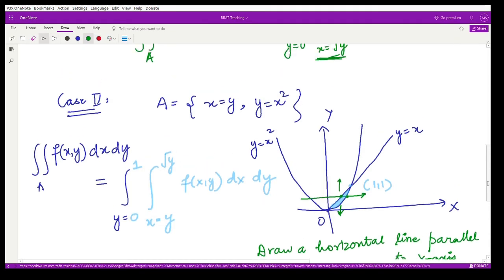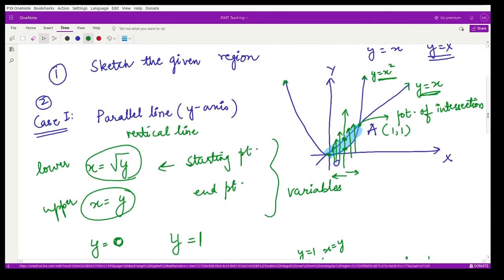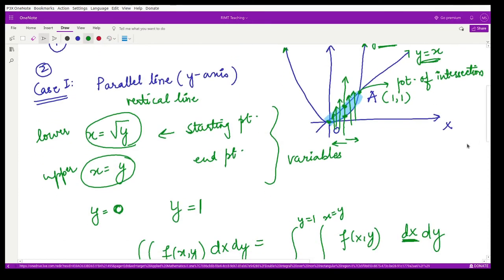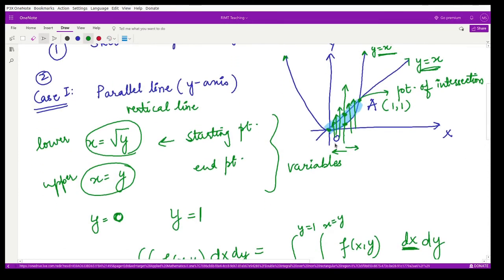I'm sorry, in the previous case, whenever we drew this vertical line, in this case we look for the values of y in this direction, because this is the increasing direction of y. So this is wrong. We will look for the values of y instead of x.